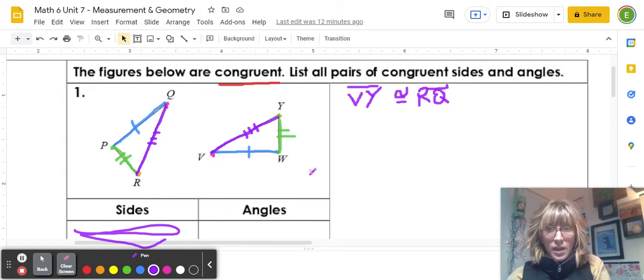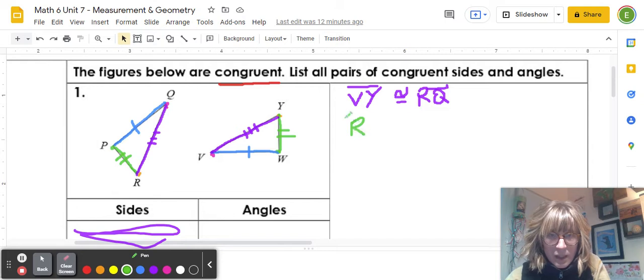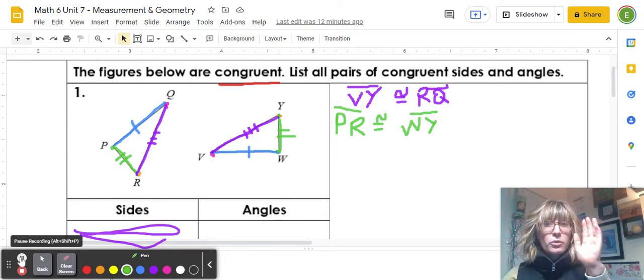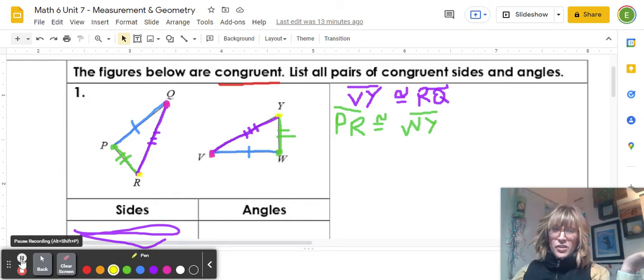Those are the same length. We could say that same thing about our green ones too. We could say segment PR is congruent to segment WY. We want to make sure to put our segment cap on. And you could say that same thing about the blue, the V to W and the P to Q.